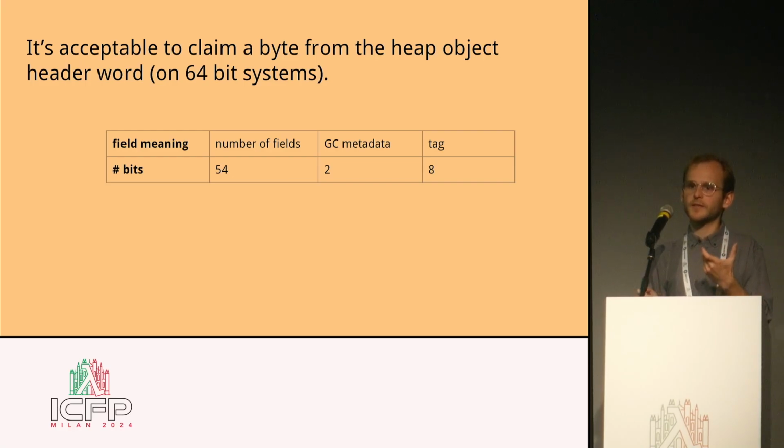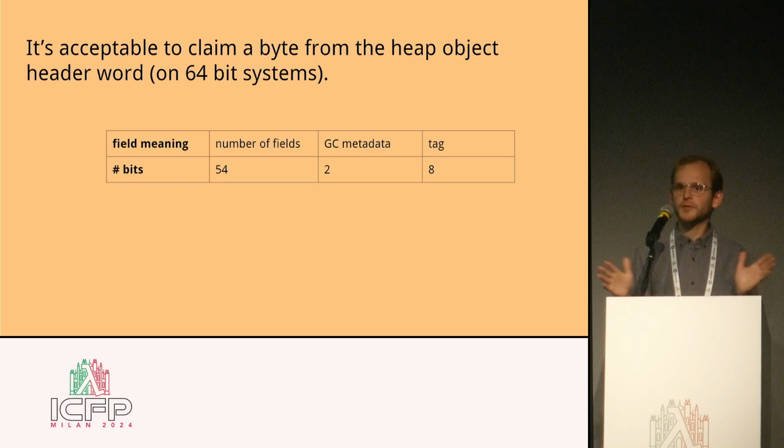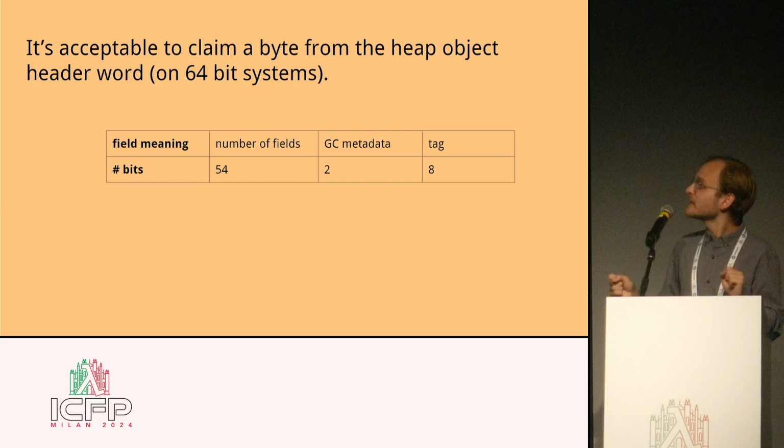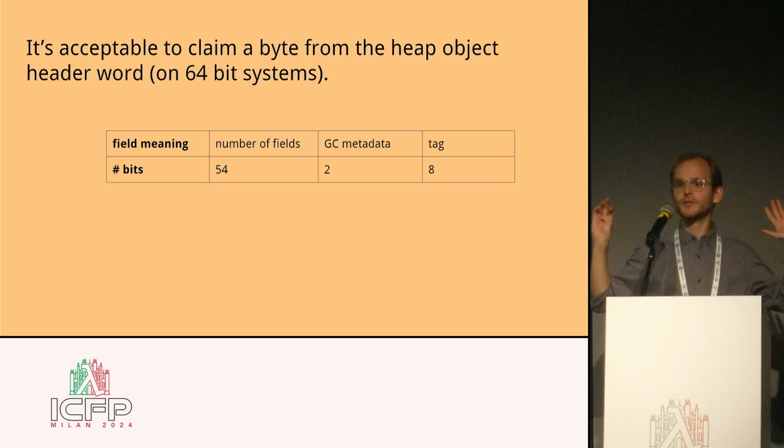This is the byte that conveys the information I said before of whether or not the garbage collector should scan the fields. It's also what's used to distinguish between the constructors of a variant. The next 2 bits are some garbage collector metadata. That's not actually relevant to this presentation beyond the fact that we are deprived of these 2 bits. Finally, the remainder of the header word is used for the size in words of the object.